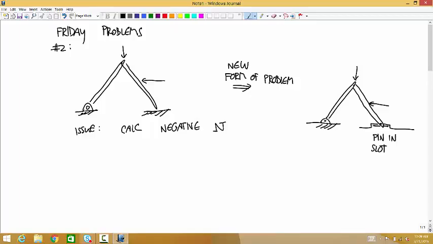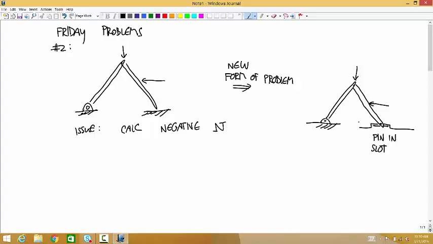Okay, so what's going to happen when you do it the first time through with the new formulation? You're going to get one equation from Newton's laws for this member because it has a fixed point. You're going to get 3 equations for this one because it has no fixed point. So you have 4 equations from Newton's laws.